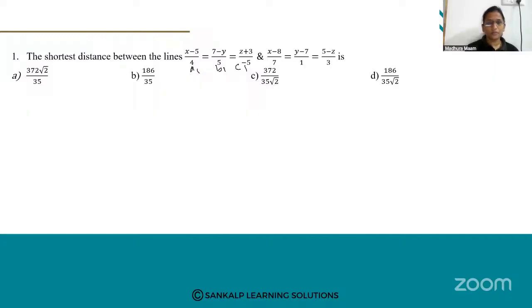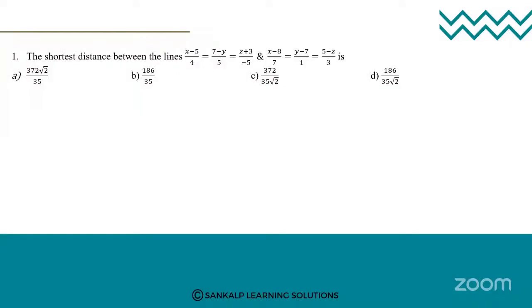It is the same kind of question. Please solve this. If you observe the direction ratios here, this one is different and this one is different. Both are different lines. Please adjust the equation. How will you write this? y minus 7 divided by minus 5.